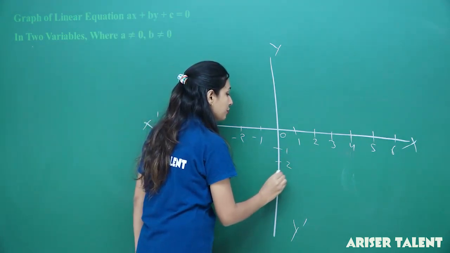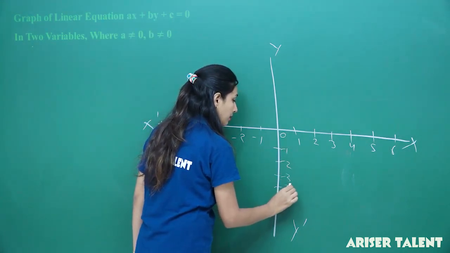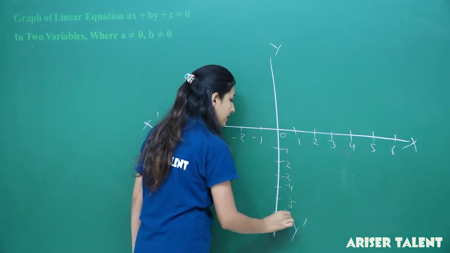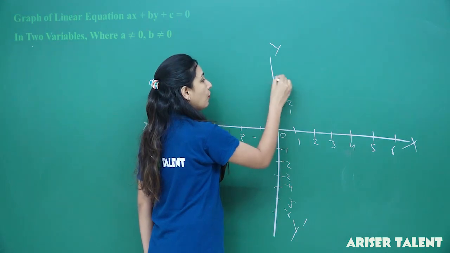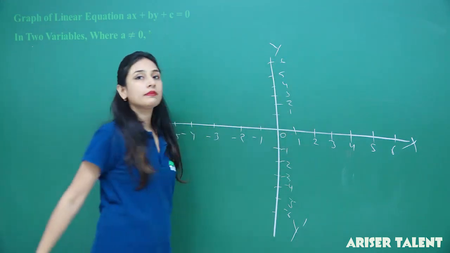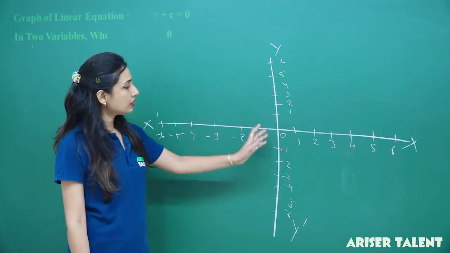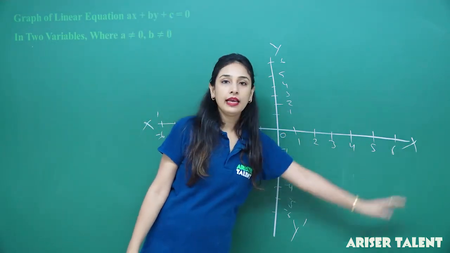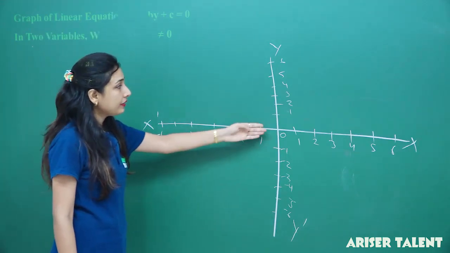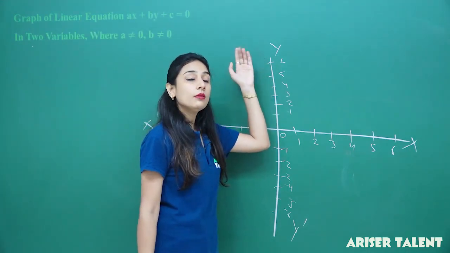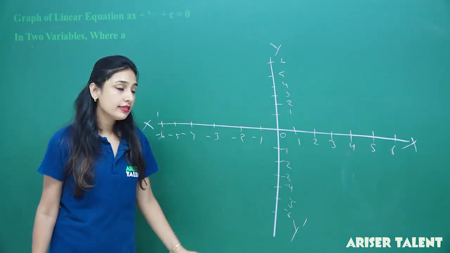So this is 0, this is 1, 2, 3, 4, 5, 6 on the x-axis in positive, and the x-axis is negative here. The y-axis is positive here, and the y-axis is negative here.